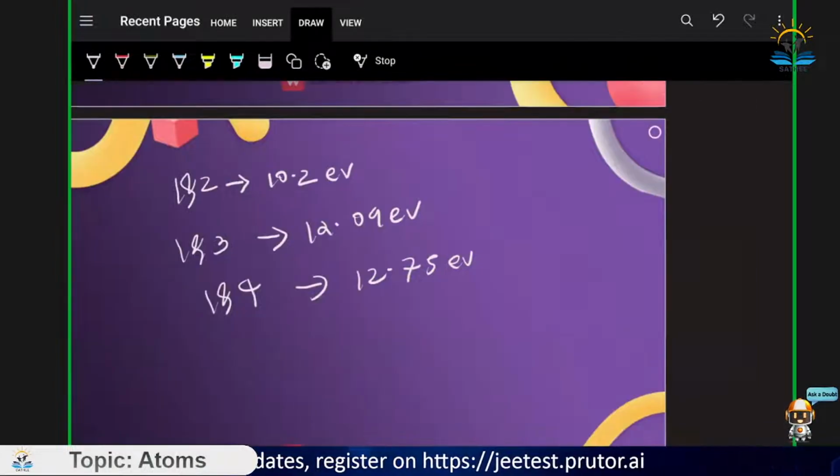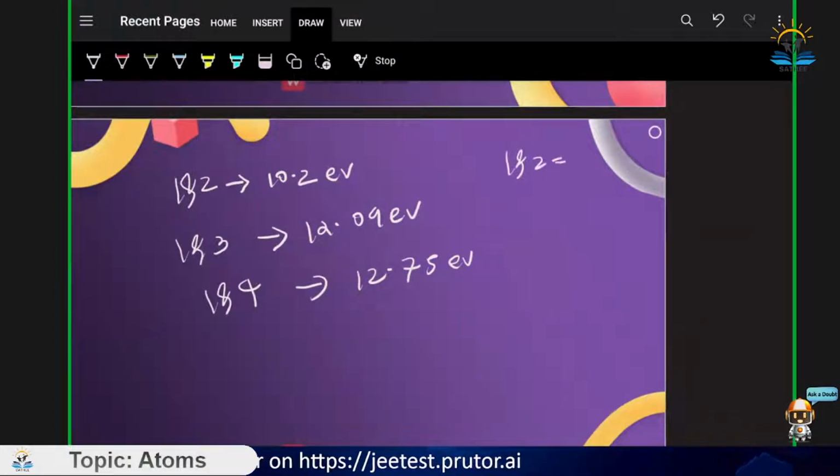In helium, between 1 and 2 is 40.8 electron volt.